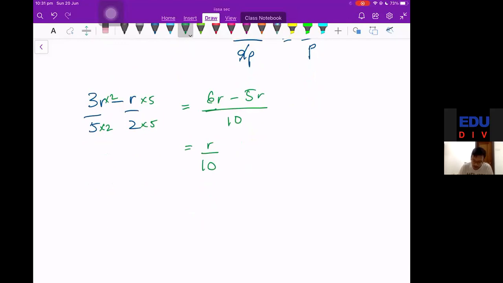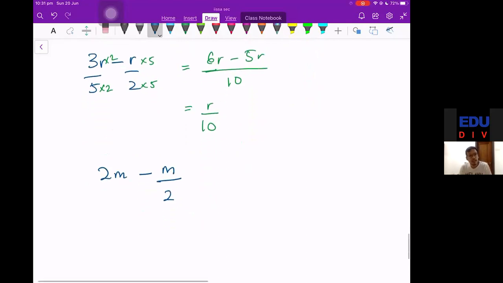Now, what if we have something a bit different? Let's say we have 2m minus m over 2. Again, this is just like any other fraction.